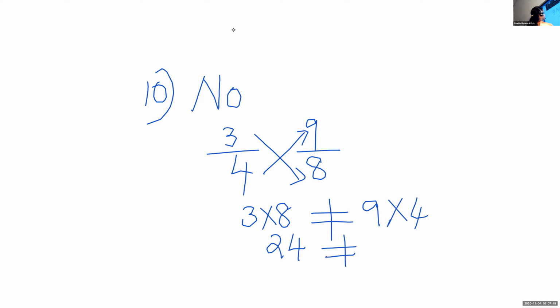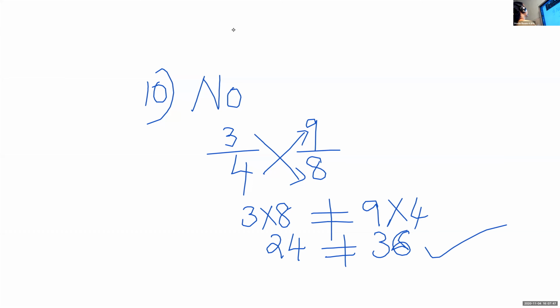Straight. Okay, ma'am. You can write only no, but that is a very short answer. But 3 into 8 is 24, not equal to 36. If you want only this final step, that is also okay. If you write the final step only, then also okay.